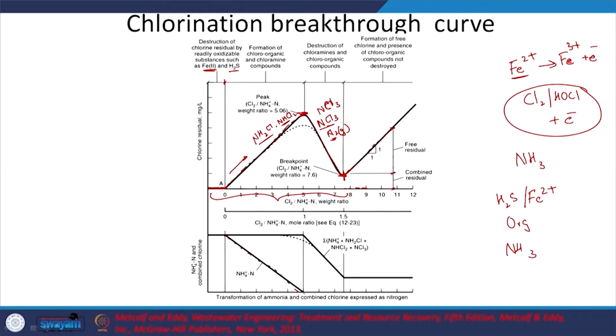But this total, which is NH4+ plus chloramines, is still there. Why? Because during this point NH4+ is being transformed into NH2Cl. But after a certain point, I know that nitrogen gas will be given out. That's why this total is decreasing, and that's this break point that we saw, just a different profile.